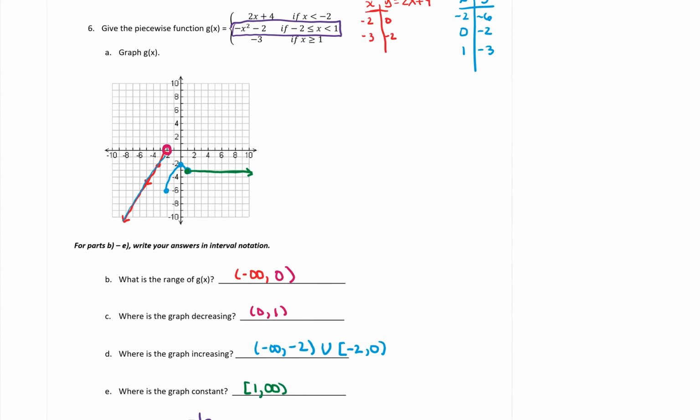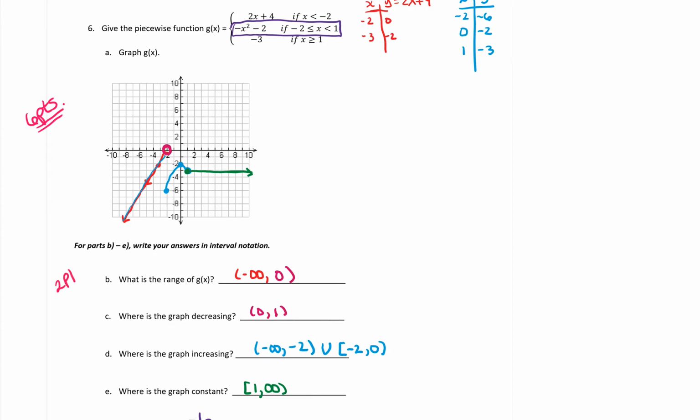In this problem, we have multiple points, different points. So the first piece, the graph, is worth 6 points. So I was thinking 2 points per each piece of the graph if you got that piece correct. And then all the other pieces are worth 2 points.